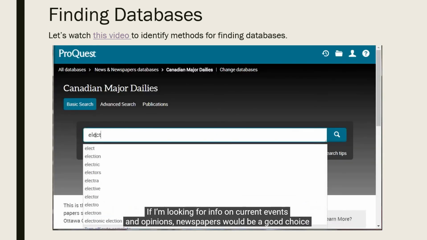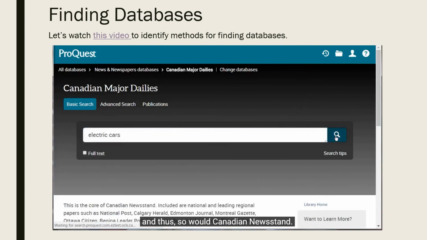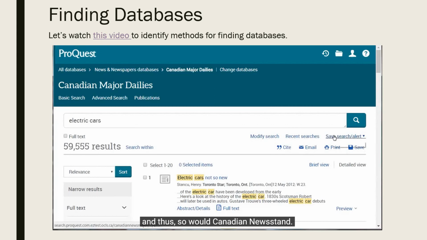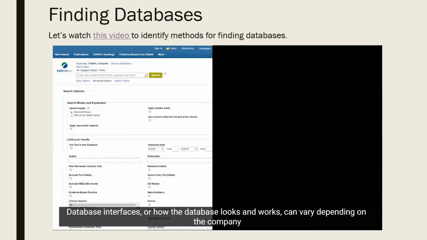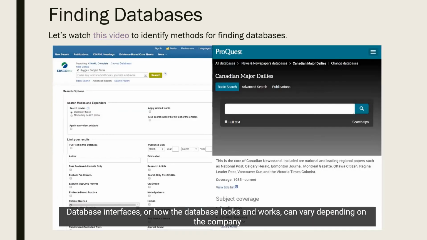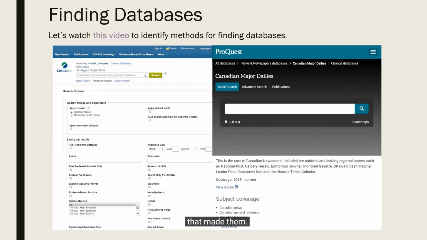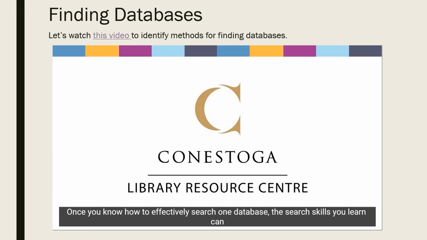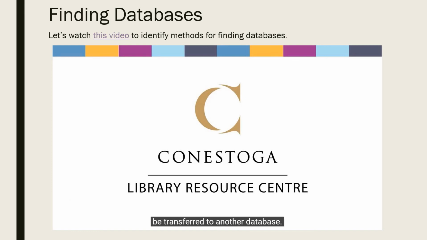If I'm looking for info on current events and opinions, newspapers would be a good choice, and thus, so would Canadian Newsstand. Database interfaces, or how the database looks and works, can vary depending on the company that made them, but there are always similarities in how you use them. Once you know how to effectively search one database, the search skills you learn can be transferred to another database.